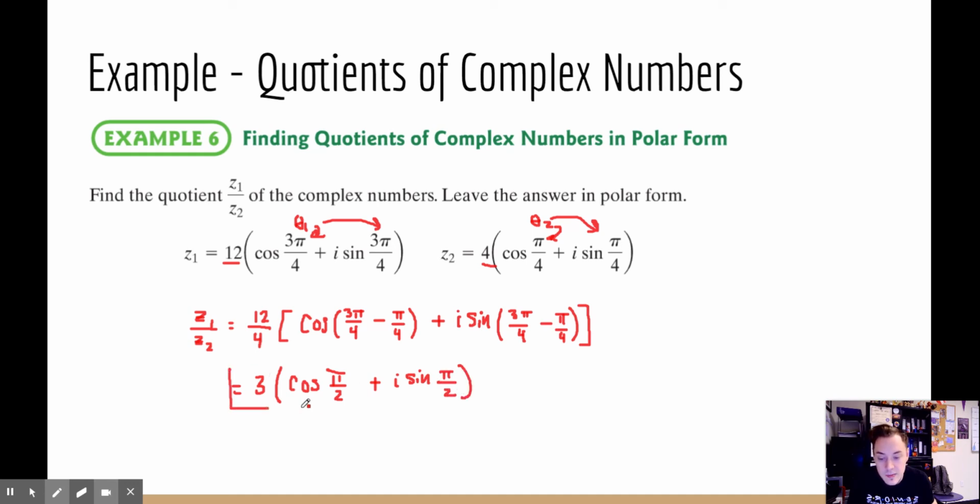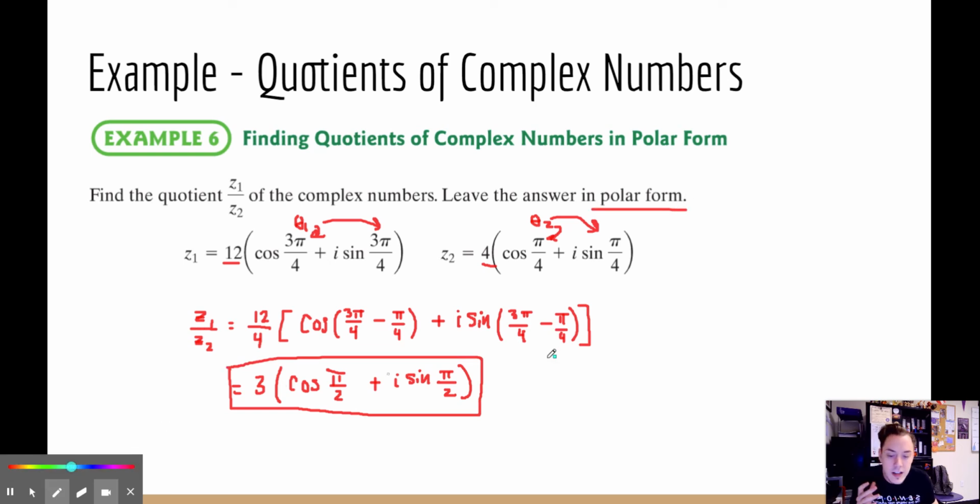So this is polar form, and they do want you to leave it in polar form. Now, just in case, what if they do want it in rectangular form? If they do want it in rectangular form, then that means you will evaluate this, okay? So in rectangular form this equals 3 times cosine of 90 degrees, your quadrantal angle there.